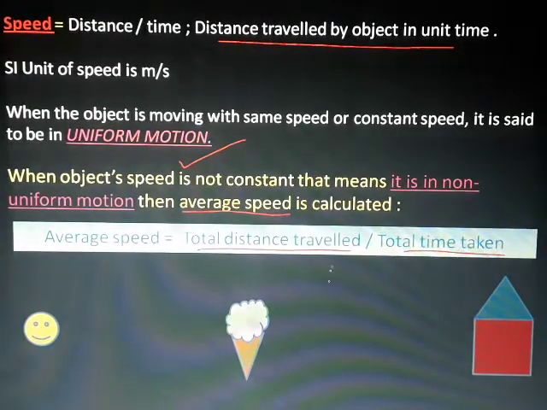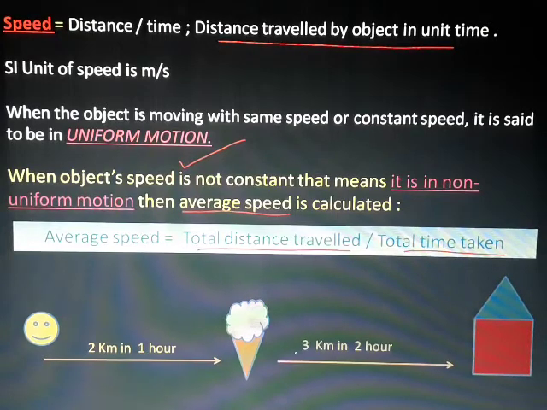Let's say a boy is standing over here and here is his home, and in between there is one ice cream shop. To travel up to the ice cream shop, he took 1 hour to cover this 2 kilometer distance, and then the rest of the distance, 3 kilometer, he covered in 2 hours. Now this boy is in non-uniform motion, speed is changing.